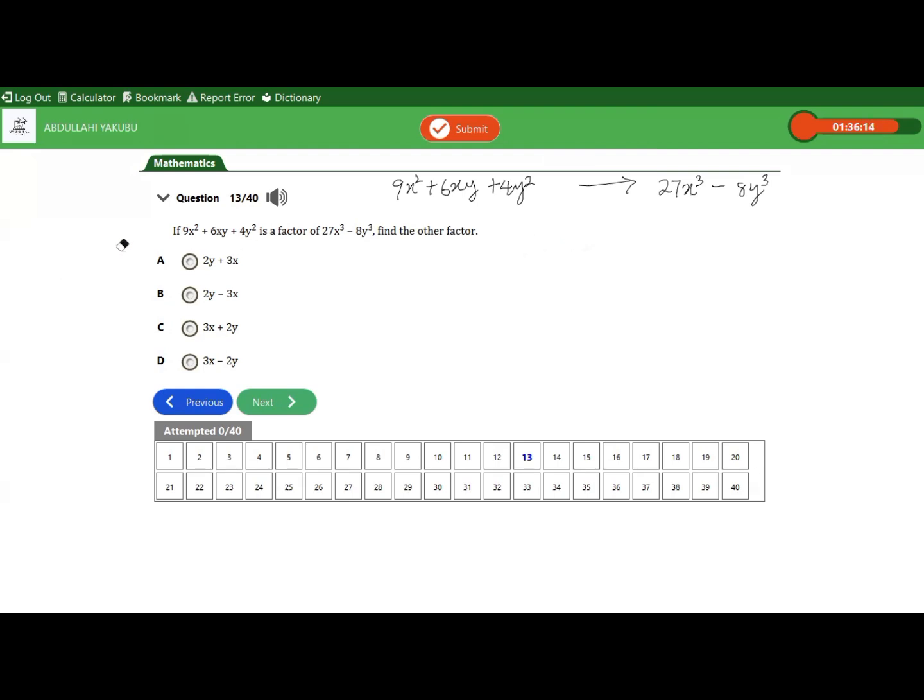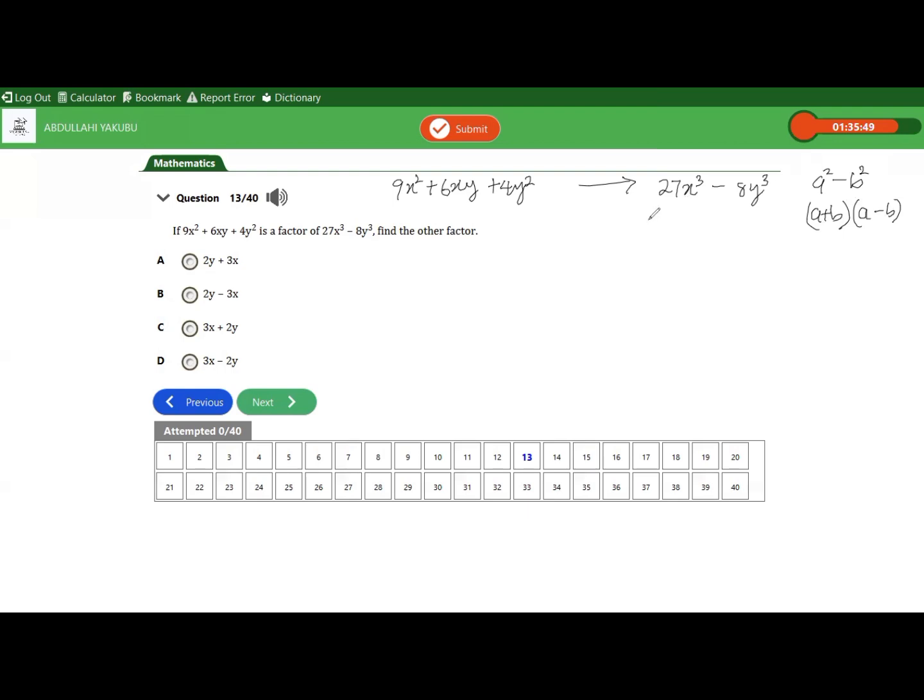So how do we get the other factor? We have to expand this difference of cubes, just like we have difference of two squares when we have a square minus b square. We have it to be equal to a plus b, or a minus b, into bracket this. So this is the expansion of difference of two squares. So we can also expand difference of what?